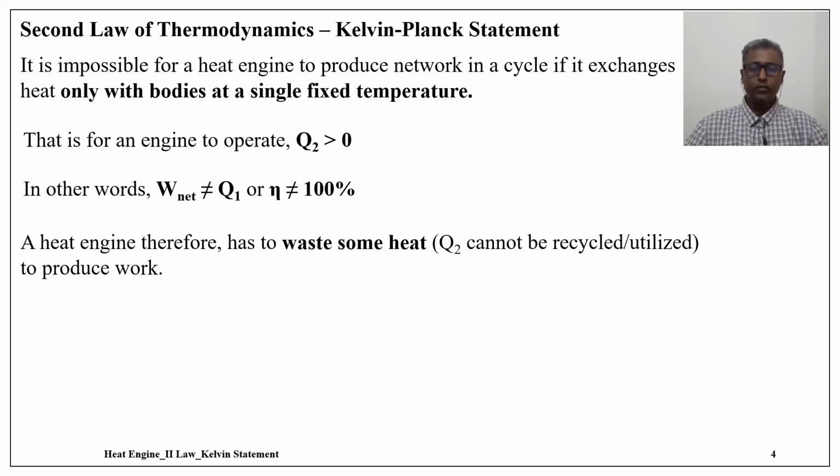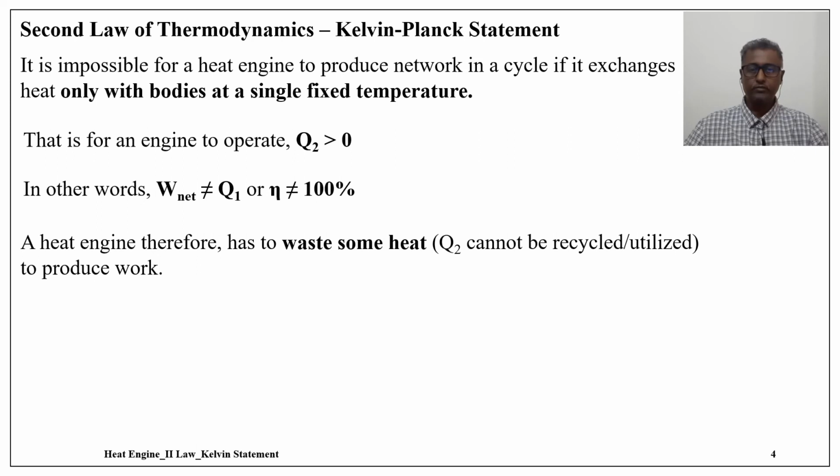A heat engine therefore has to waste some heat to produce work. Why do we call it waste heat? Because the quantity of heat rejected by the engine, Q2, cannot be recycled or utilized again. Therefore, a certain quantity of heat goes as waste.